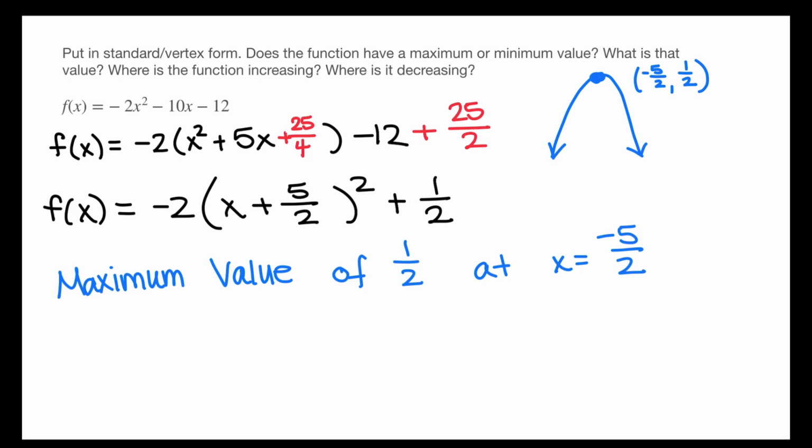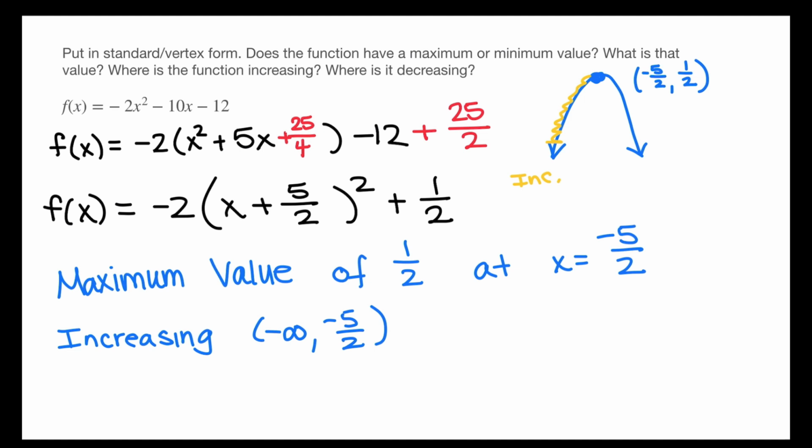All right, the next question is, where is the function increasing and where is the function decreasing? The graph is increasing when, if you read from left to right, it's going up. So on the left side of this graph, it's increasing. And to answer this question, you're going to list the x values where it's increasing.